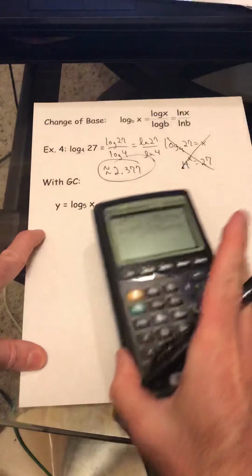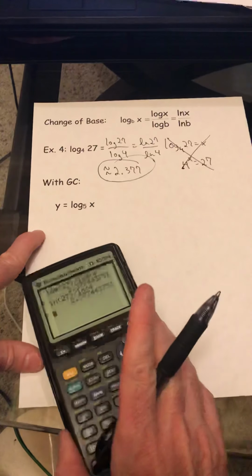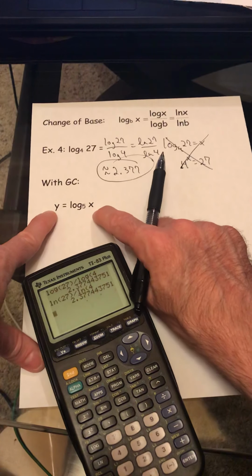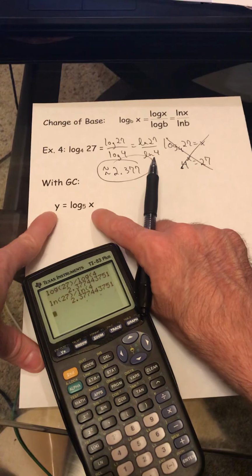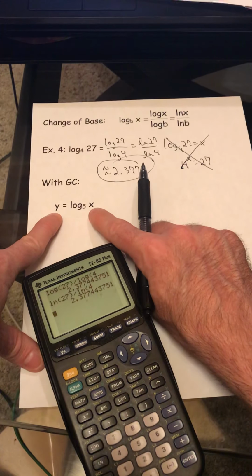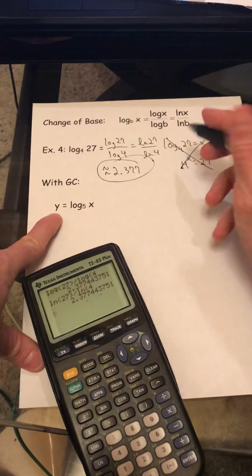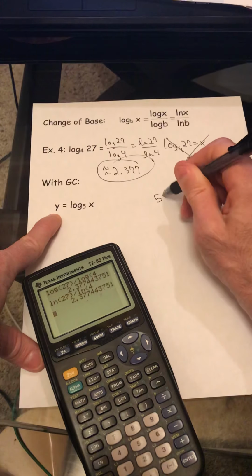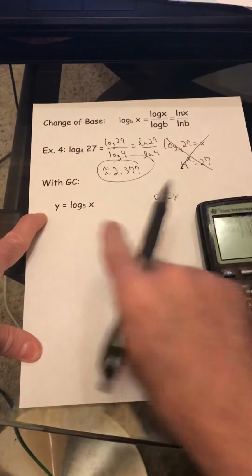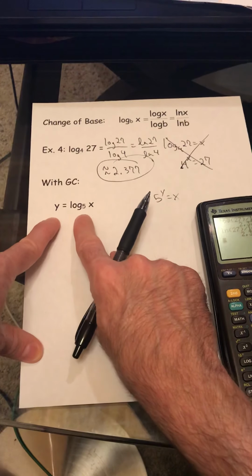All right. Well, from here, the only other thing, I know we talked the other day about, if you were graphing this without a calculator, we would take 5 to the y equals x, set up a table. Well, you do have an option with your graphing calculator here.